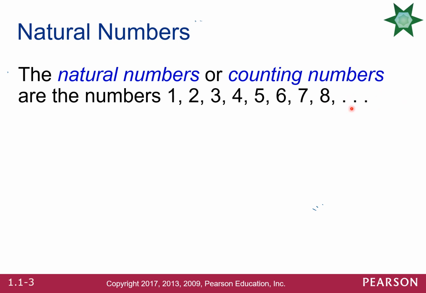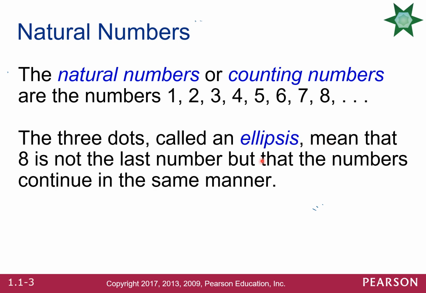And you see over here these three dots, which are also called ellipses, spelled ellipsis, ellipsis. These three dots tell us that the numbers continue beyond 8. So 8 is not the last number where we stop, but it keeps going, and the numbers are positive integer values higher than 8. All right.